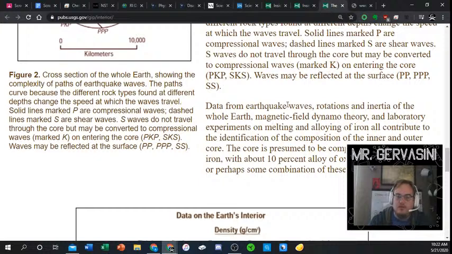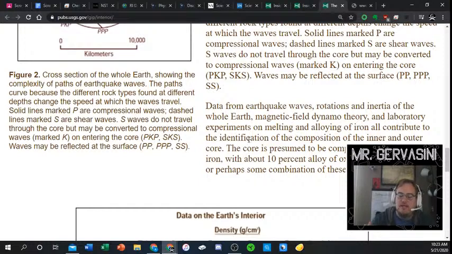Data from earthquake waves, seismic waves, rotations, and the inertia of the whole Earth, magnetic field dynamo theory, so saying that a liquid outer core rotating around a solid inner core, moving metal creates electricity, magnetism, and laboratory experiments on melting and the alloying, so mixing, of iron all contribute to identification of the composition of the inner and outer core.